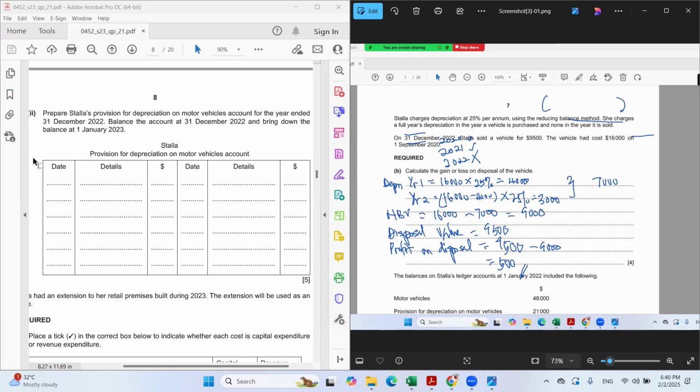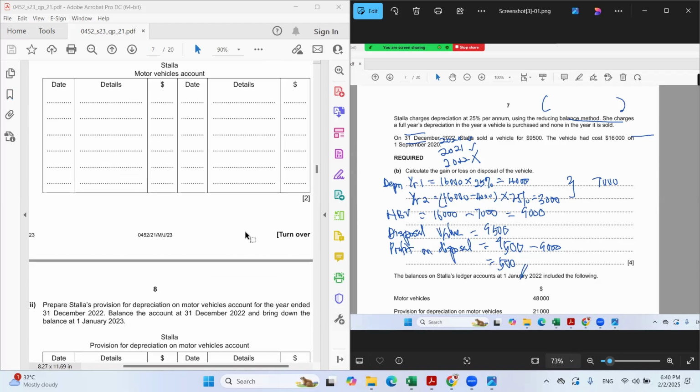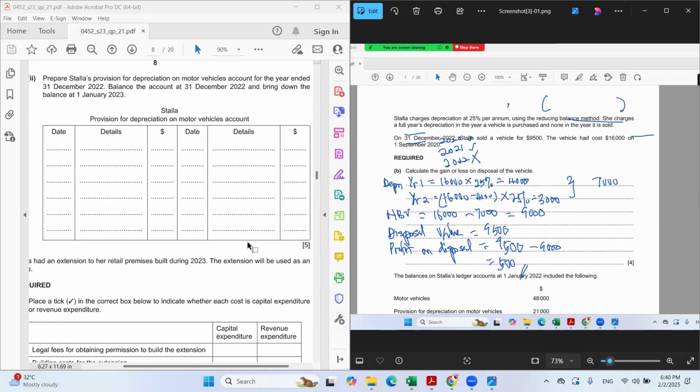So we have the beginning of the year depreciation, which is 21,000. So we put in the opening first: 2022, January 1st, balance brought down, 21,000. And the amount for the disposal is this one, 7,000.